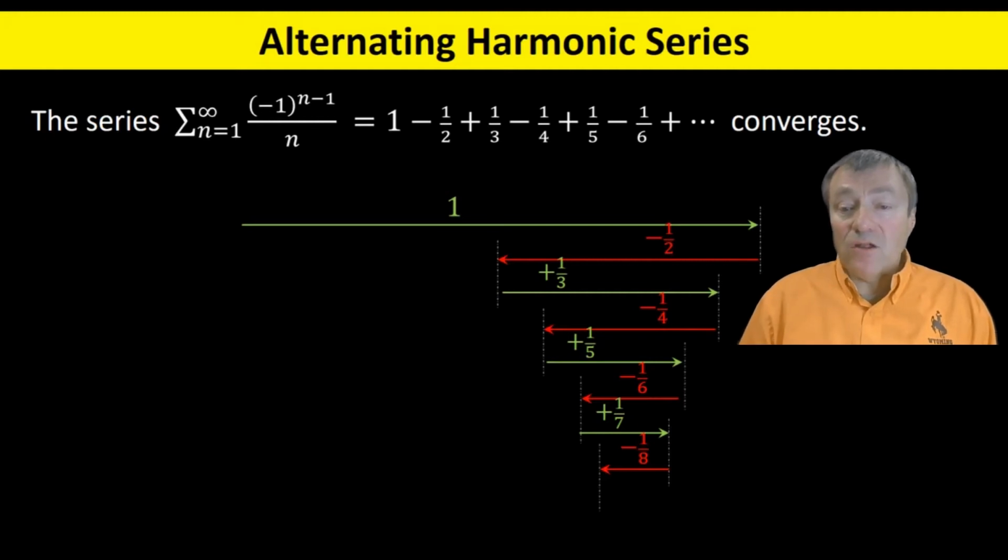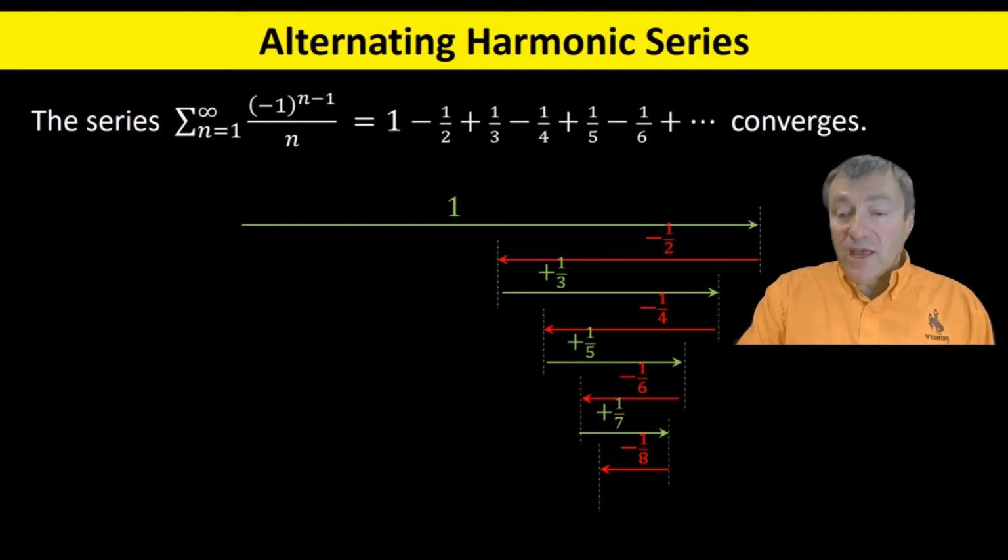You're stepping alternately forwards and backwards on the number line, but with smaller and smaller size steps. And you can see that the even-numbered partial sums form an increasing sequence, while the odd-numbered partial sums form a decreasing sequence.